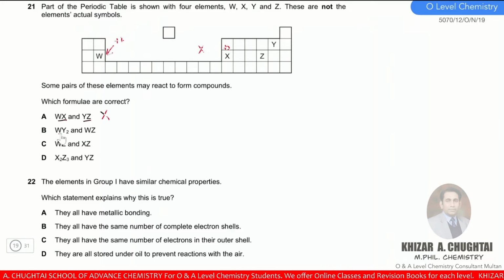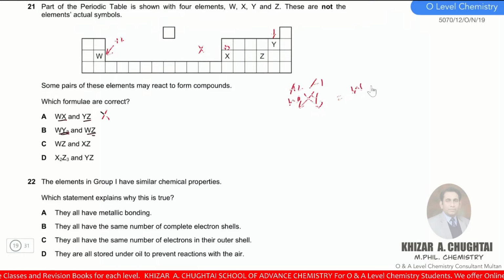Come towards B. WY2 and WZ. W and Y belong to group number 7. W has +2, Y has -1. What is its formula? WY2. Yes, this is the correct one.